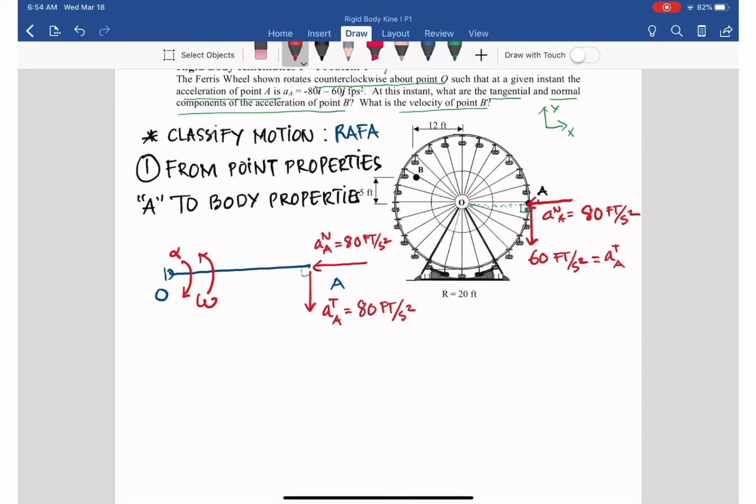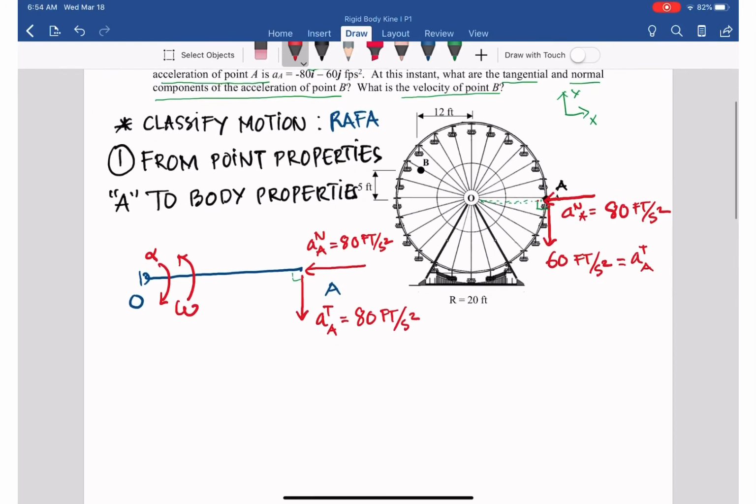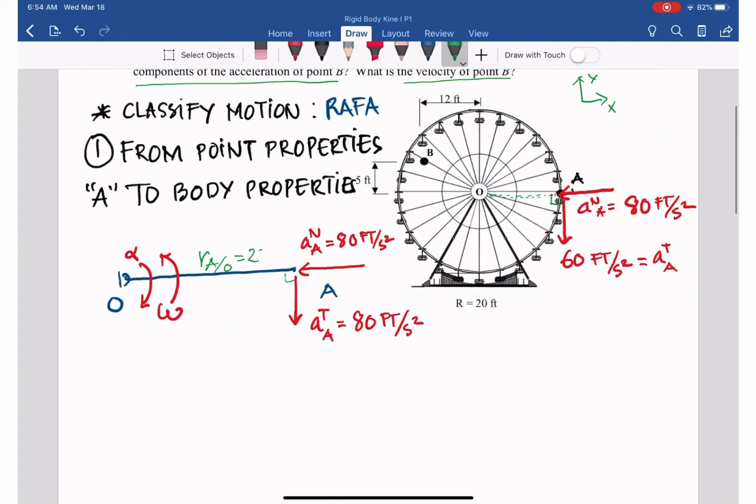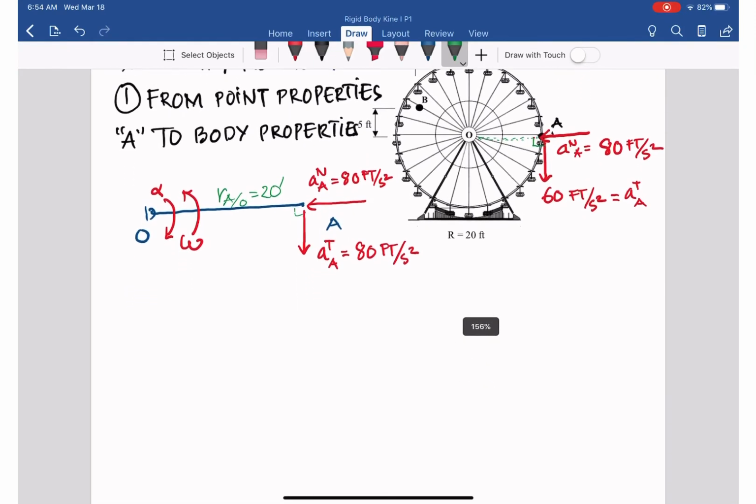In this case, omega and alpha are body properties, and AN and AT are point properties. Given the point properties, you go ahead to find out the body properties, which are alpha and omega. And we also have the position vector of A relative to O here. You see the radius is 20 feet, so you have 20 feet there. So that is the first rigid stick.